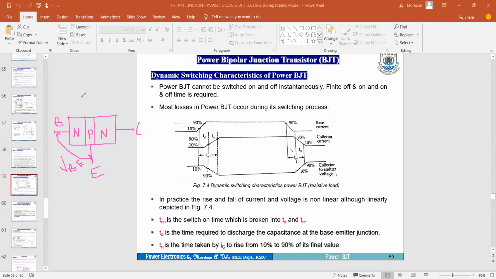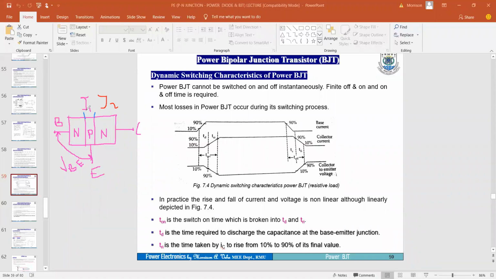So I can call this junction J1, junction 1, and this is another junction, junction 2, J2 here.